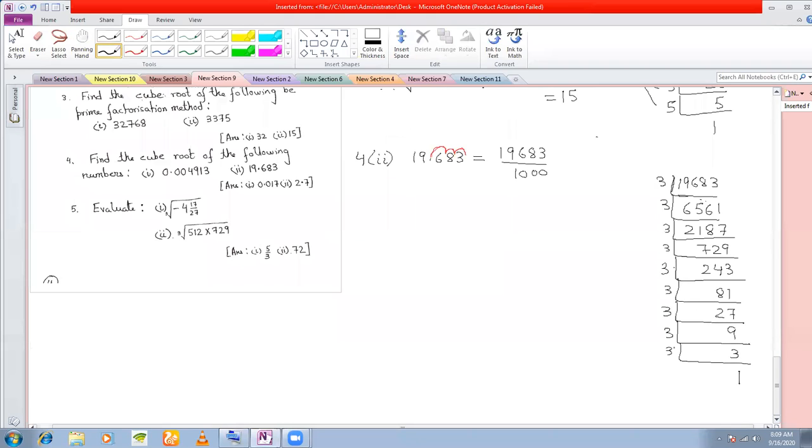What triplets do you have here? You have this triplet, you have this triplet, you have this triplet. So you're getting 3 triplets actually.